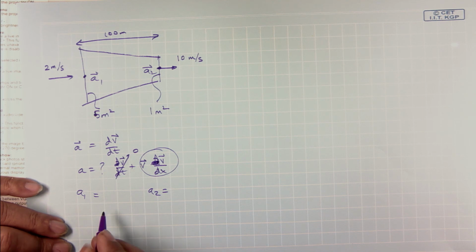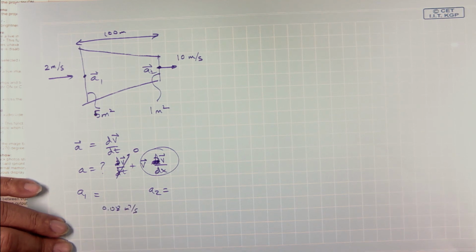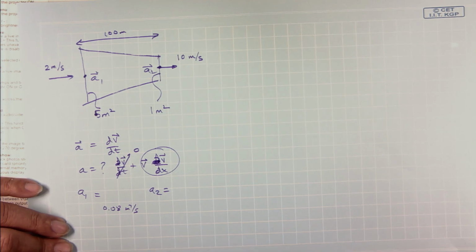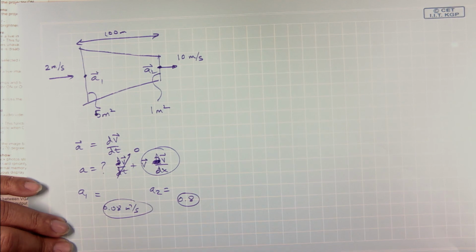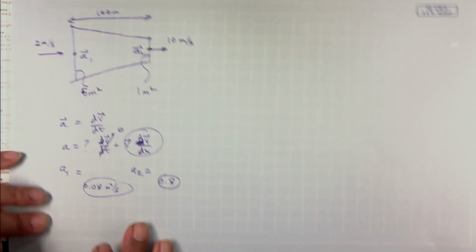So you are saying it is 0.08 meters square per second at A1, and how much is it at A2? Do you all agree? Anybody has a different viewpoint?